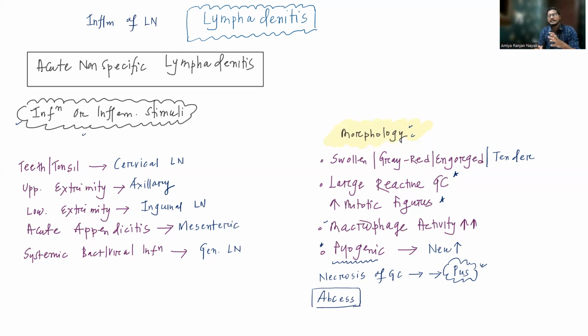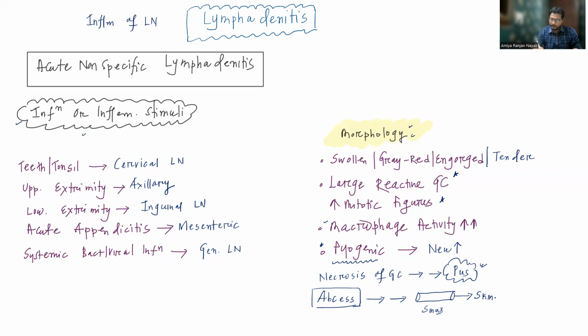Sometimes this lymph node abscess can come onto the skin surface through a connecting channel that is known as a sinus. The pus material comes out of the skin surface through the sinus, and you can appreciate the pus coming out from the skin.